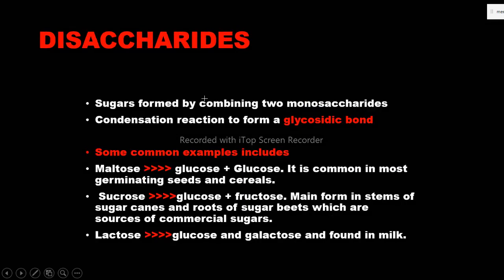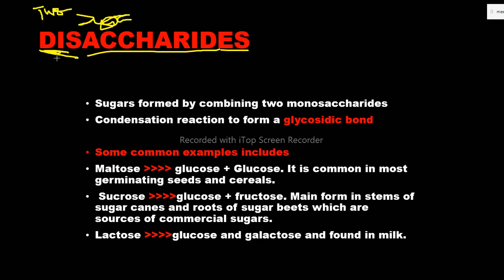Now for disaccharides, just from the name, di means two, then saccharide, sugar. So di, that is two sugars. These are sugars that are formed from condensation of two monosaccharides.